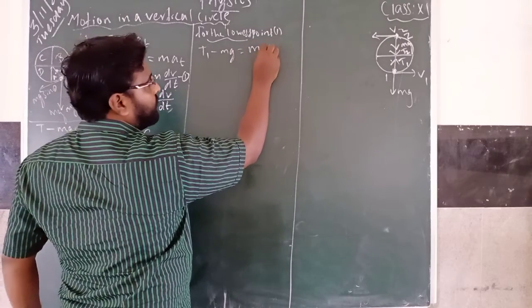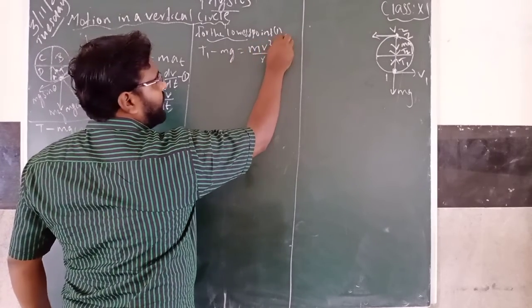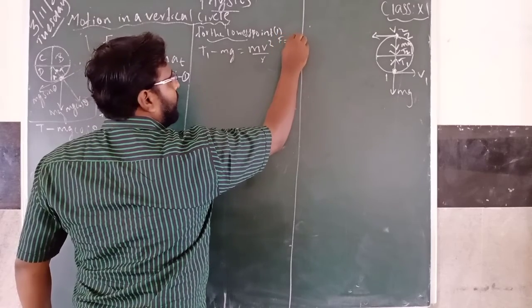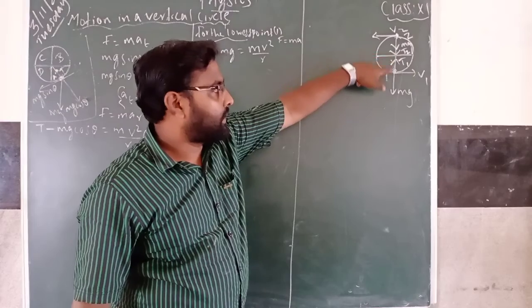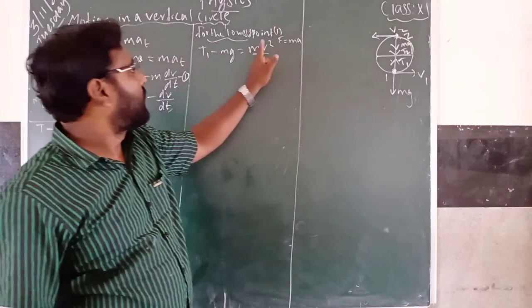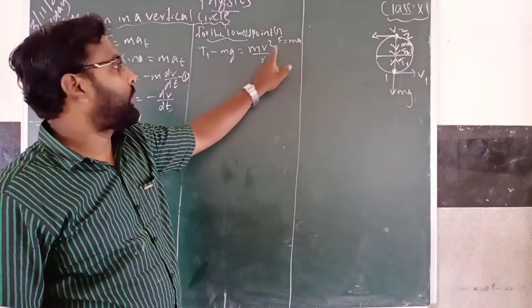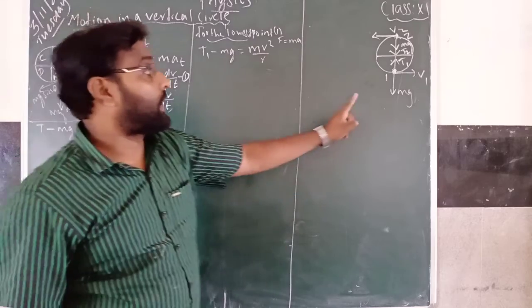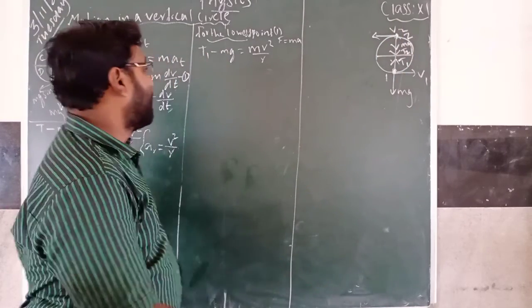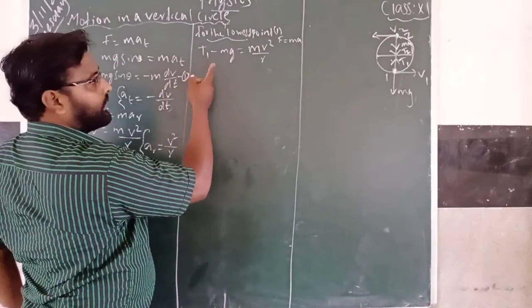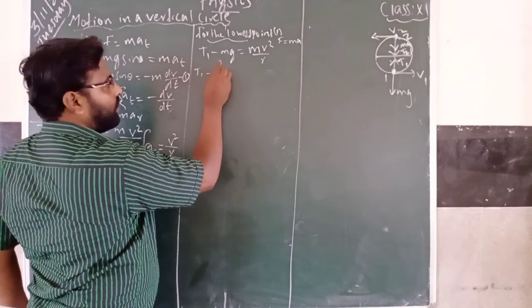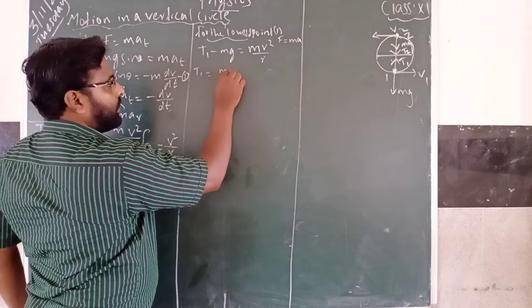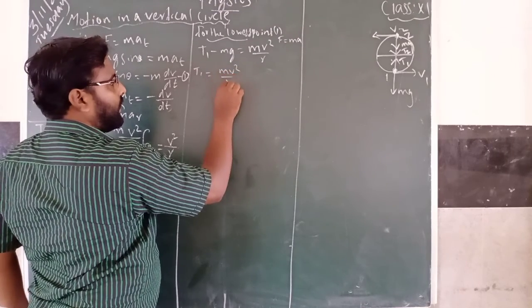Ma means what? v square by r, the same formula, F is equal to ma, only we are writing force, this direction, total force, and a means v square by r, centripetal acceleration, this direction. So we can write this equation: T1 equal to m v square by r.